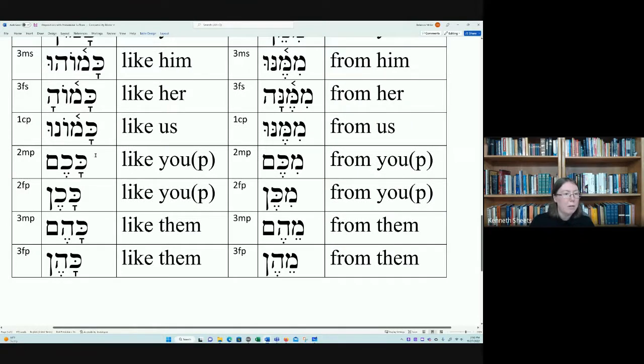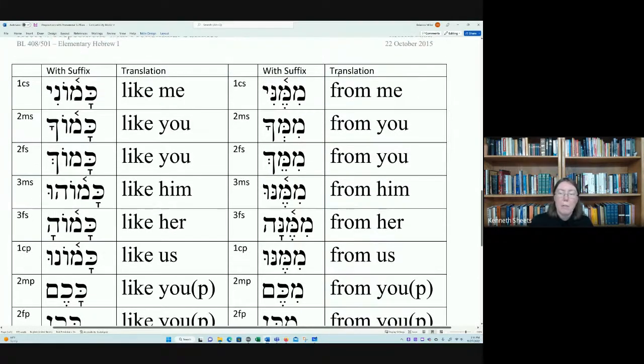First common plural, kamonu, like us. Second masculine plural, now we're back to just the regular kaf preposition here, largely because these are going to be the heavier suffixes. Kakem, like you, masculine plural. Kaken, like you, feminine plural. Kahem, like them, masculine plural. And kahen, like them, feminine plural.